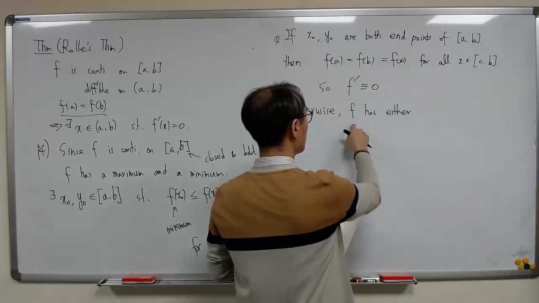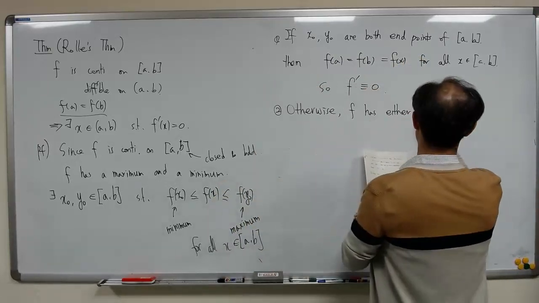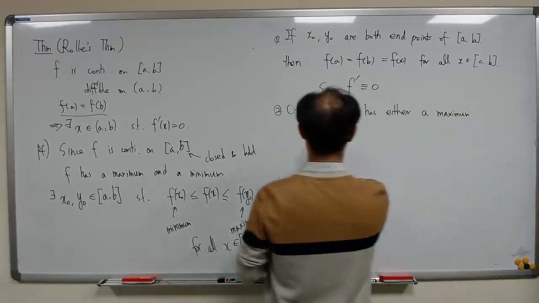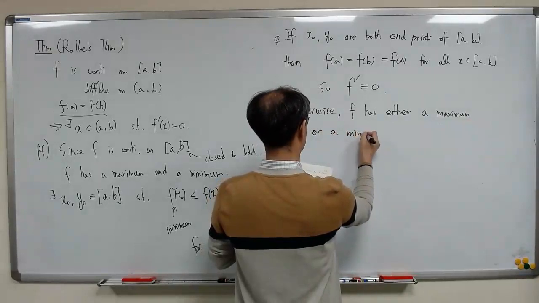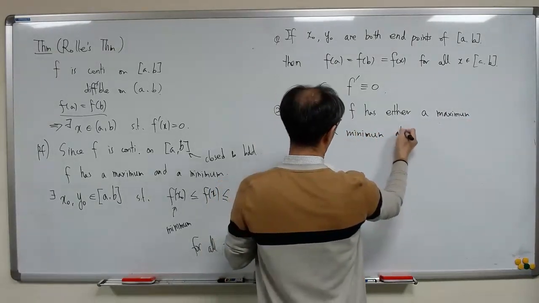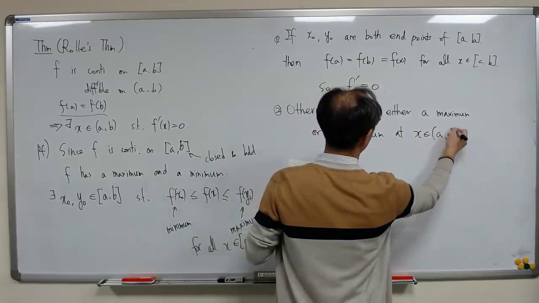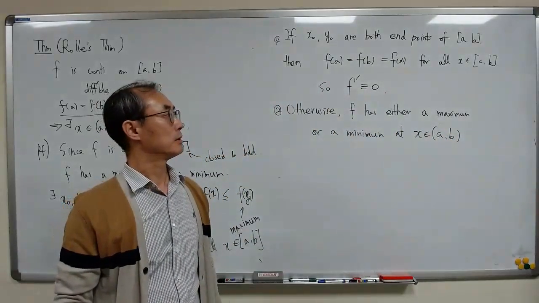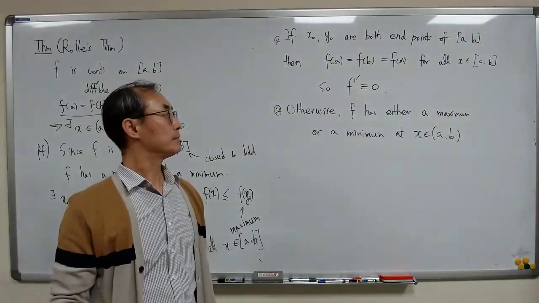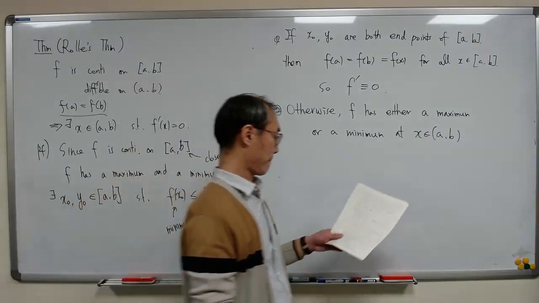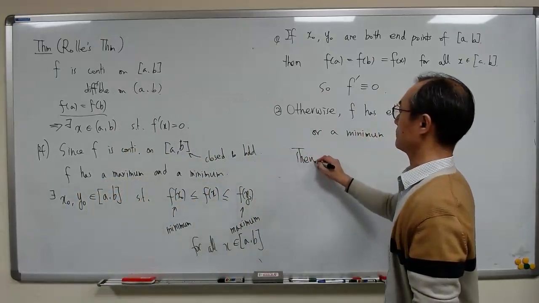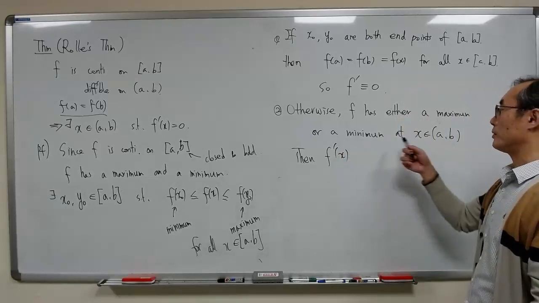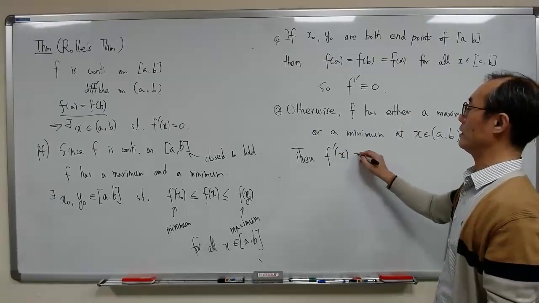That means the function f attains a maximum or minimum at some x in the interior, inside of the open interval, not at the boundary point. Then the derivative at that point, at a minimum point or maximum point, must be zero.